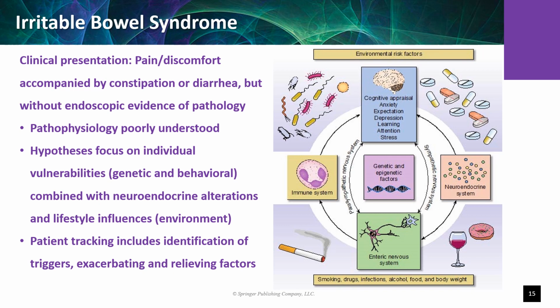Irritable bowel syndrome is a heterogeneous disorder in which abdominal pain presents with alterations of defecation, either constipation or diarrhea. IBS is very common and can be classified as IBS-C, associated with constipation, IBS-D, associated with diarrhea, and IBS-M, associated with mixed stool types.